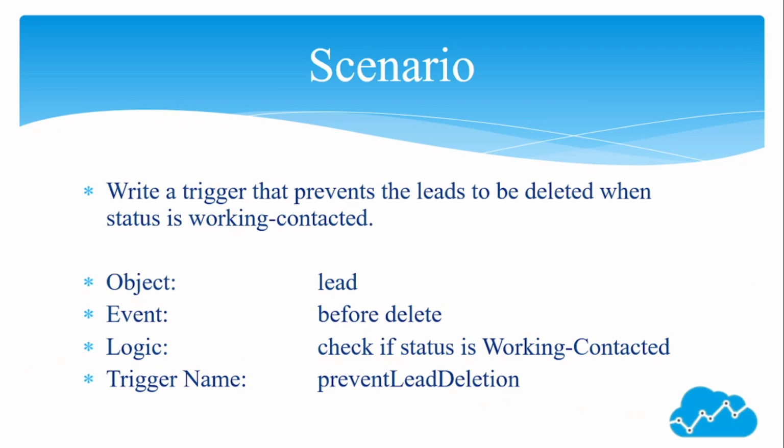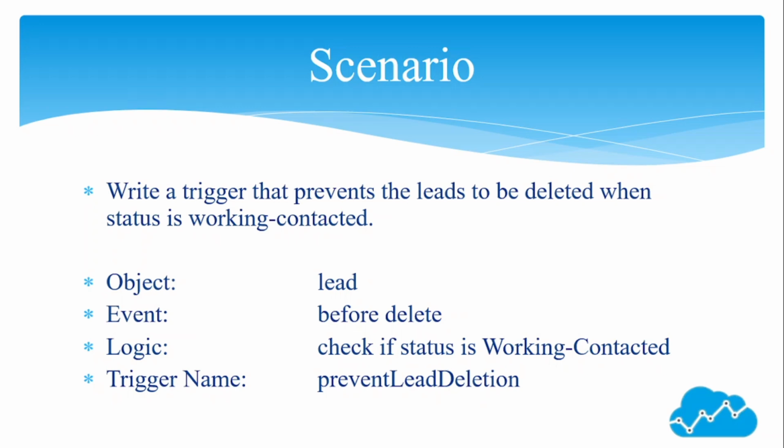In this series, we are going to see the next scenario, that is writing a trigger that prevents leads from being deleted when the status is Working - Contacted. Lead is a standard object provided by Salesforce, and status is a picklist field having different types of values.